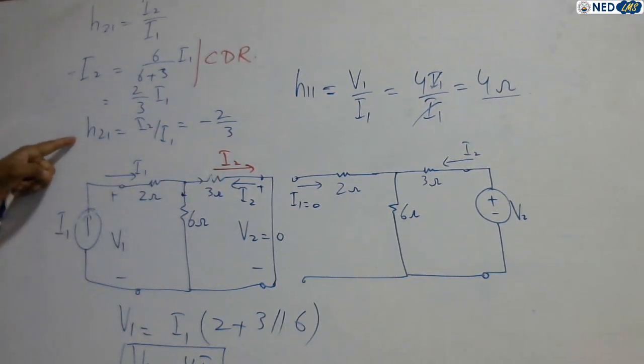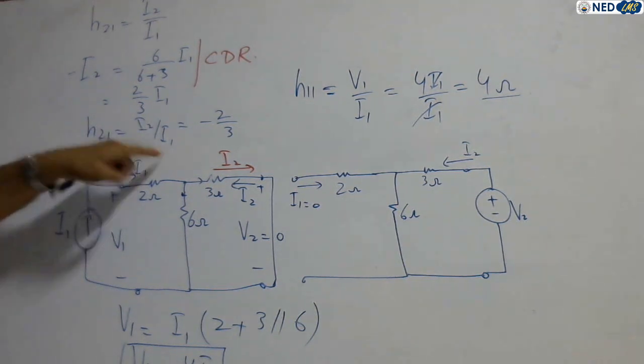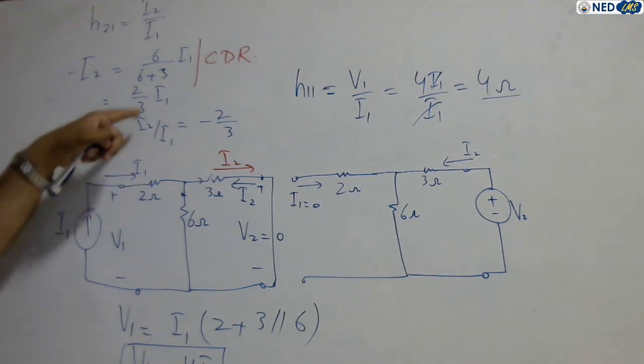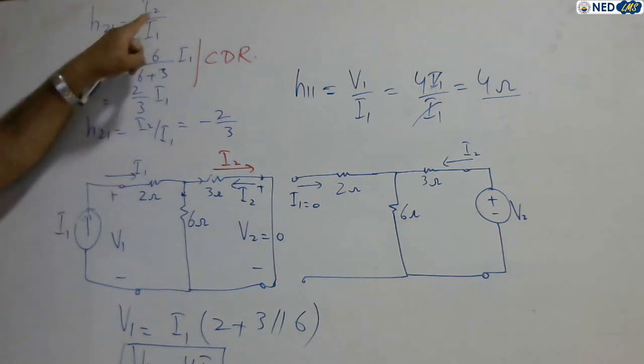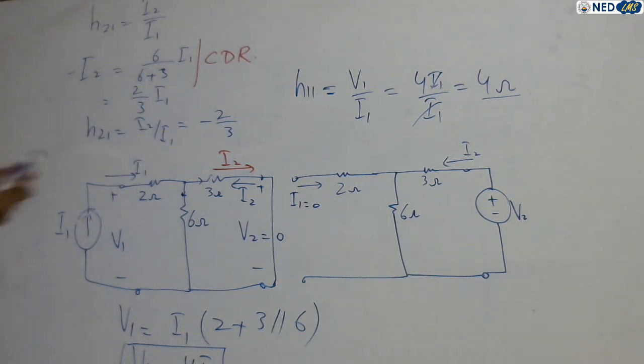So H21, the ratio of I2 over I1, has I1 cancelled with I1, and because it is a current gain, a ratio of two same quantities, there is no unit. It is the reverse current gain. It comes out to be minus 2 over 3.